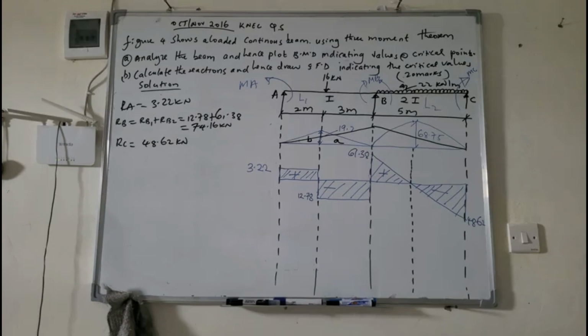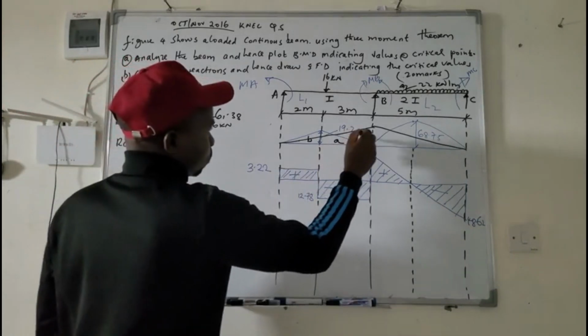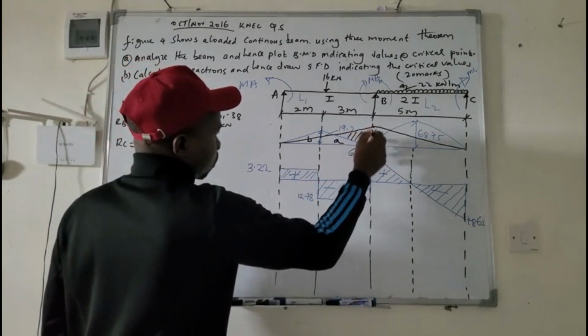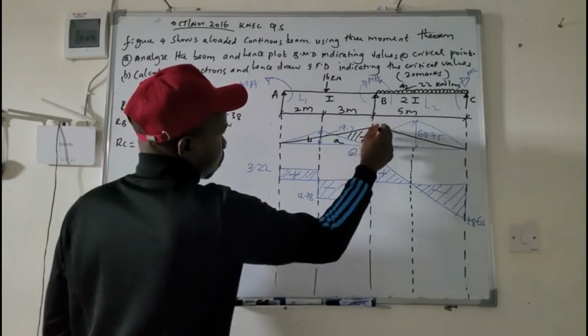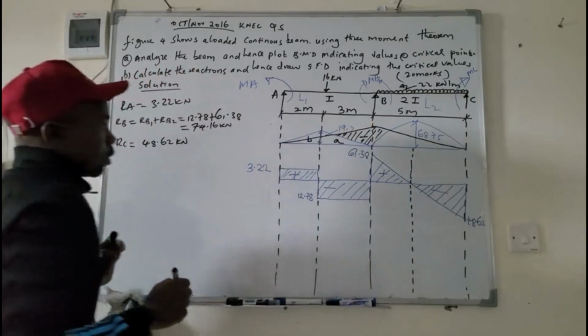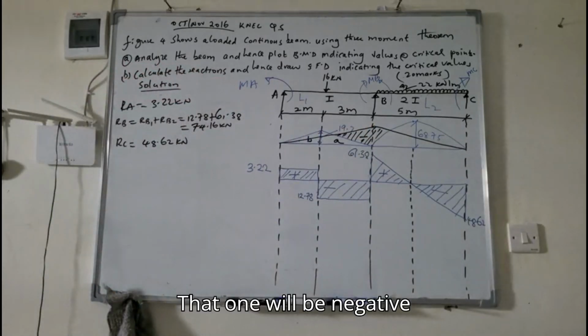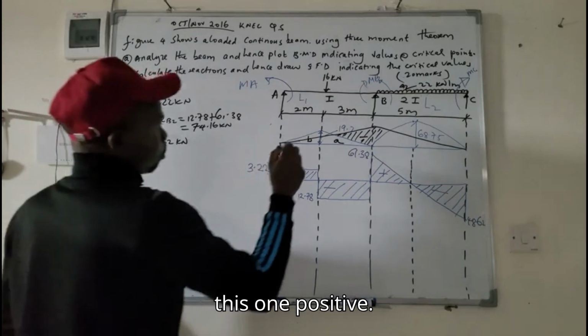So after having done so, this one will be negative. That one will be negative, and this one positive.